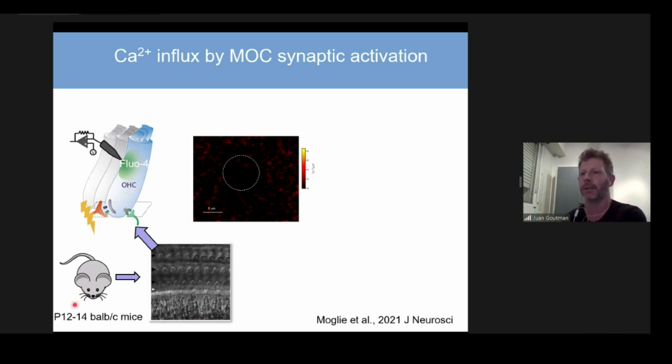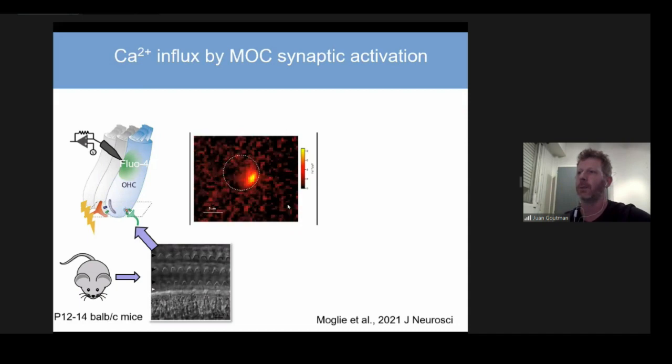In this first set of experiments that I will show, what we did was stimulate the MOC axons with a second, extracellular electrode, to make them release acetylcholine. The movie that we play here is taken at the base of the hair cell, with the dashed line indicating when we stimulate the fibers.